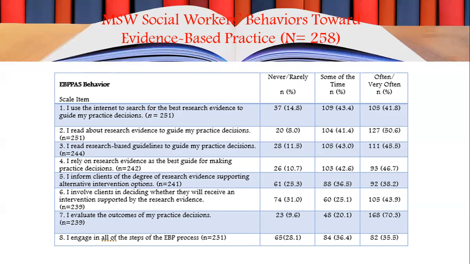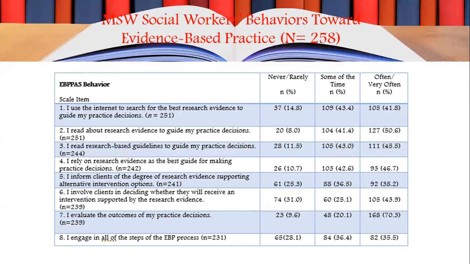Now we see where things start to even out in terms of where the data fall within each category. Even with regard to this first question, it's almost 50-50, in the sense that some report only some of the time using the internet to search for research evidence, and then others report very often, right?